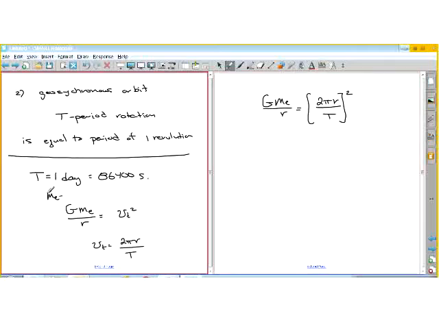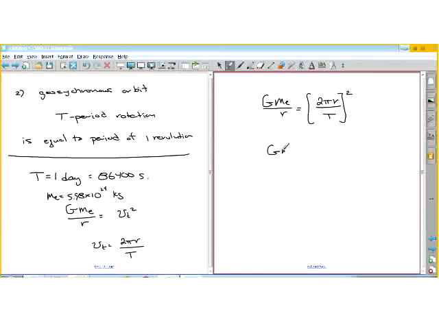The mass of the Earth is 5.98 times 10 to the 24th kilograms. So I know that, I know G, I know T because I just calculated it here. You can see I can solve for R, so let's just do that.